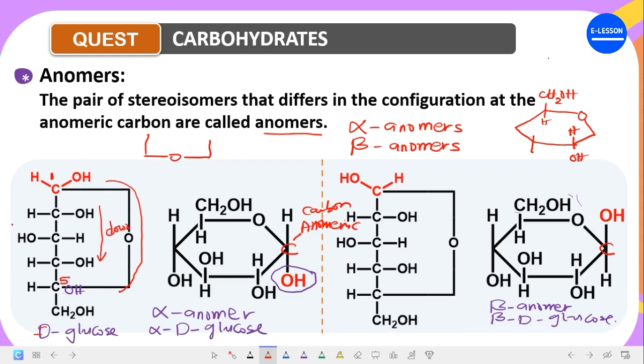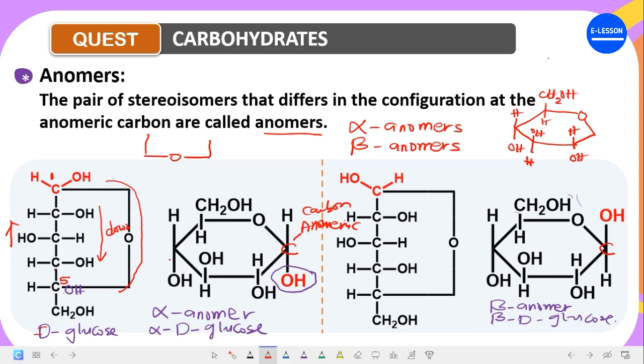So everything here is facing up, and this one is facing down now. This is OH. Now, here, H is facing down, and OH is facing up on this carbon. Now, consider this carbon. OH is facing down, and H is facing up. So you now see how they got this structure.